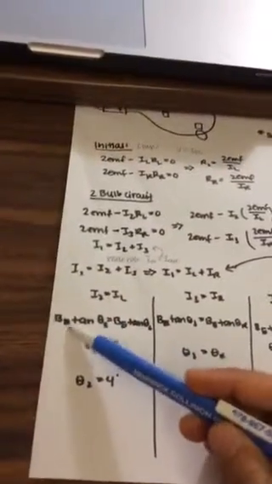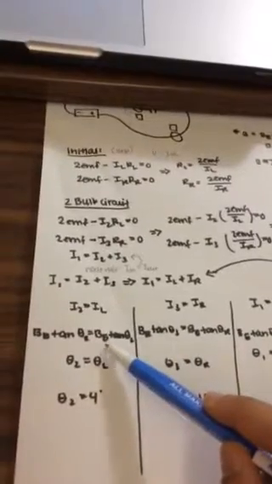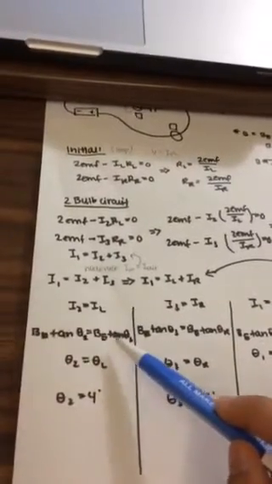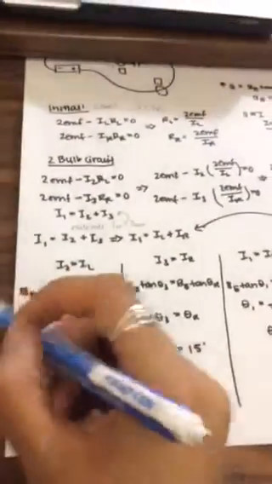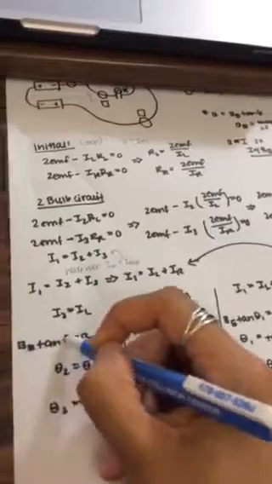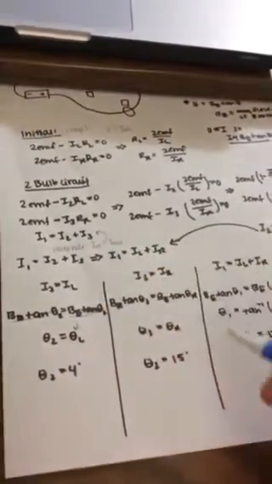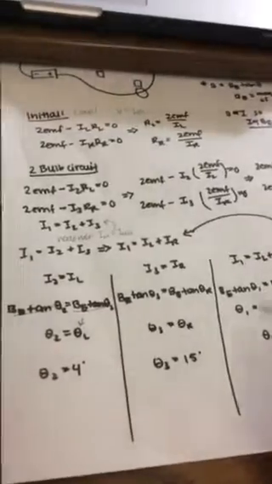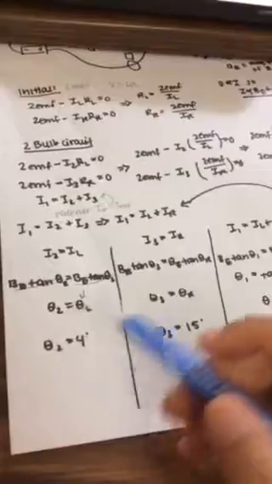Using that, we get magnetic field of the earth times tan theta 2 is equal to magnetic field of the earth times tan theta L. That means these cancel, and you're left with theta 2 is equal to theta L. That means theta 2 is equal to 4 degrees, which was in the problem statement.